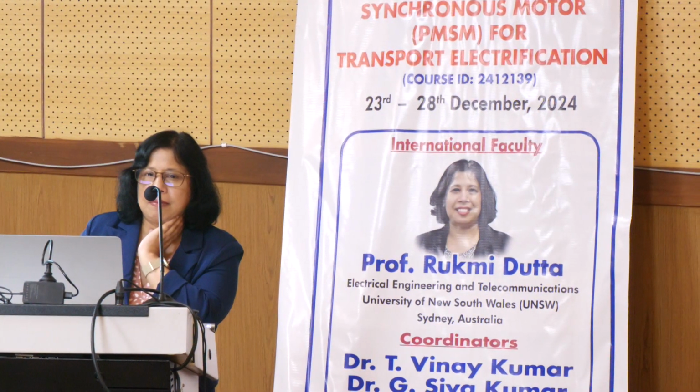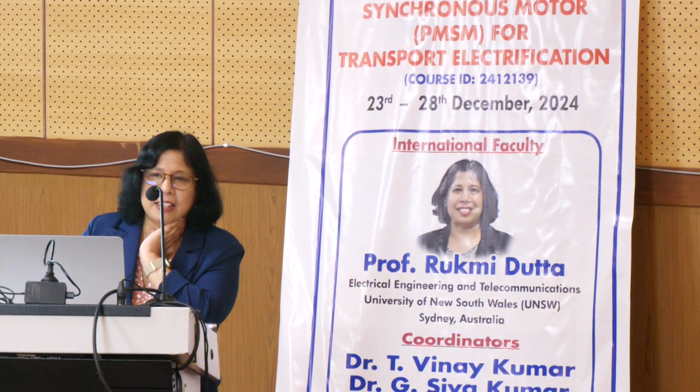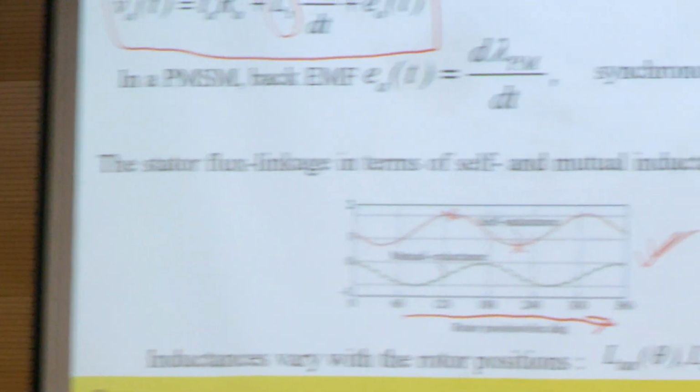So if we just want to use this equation to design control or to understand the transient response, it is very difficult, right? Voltage and current are sinusoidally varying with time, and inductance is varying with position. It becomes very complicated to look at what's happening during transient, because in transient your speed is also changing with time.